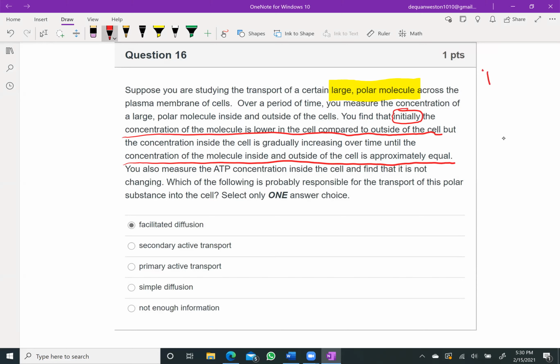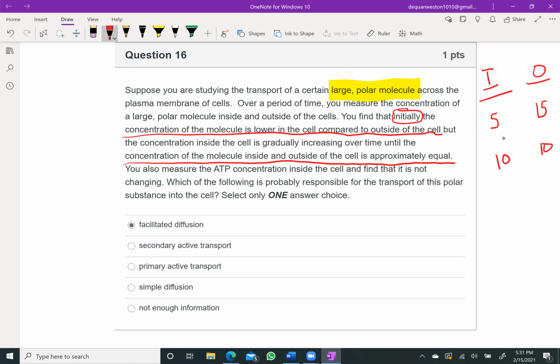So we'll do it inside, I for inside, O for outside. Initially, we found it was lower in the cell, so we'll say it's 5 and then it's 15 out of the cell. But then at the end, we find out that it's equal in both.